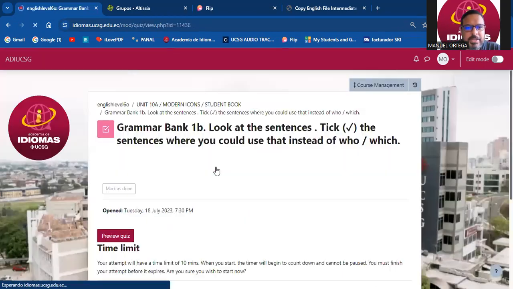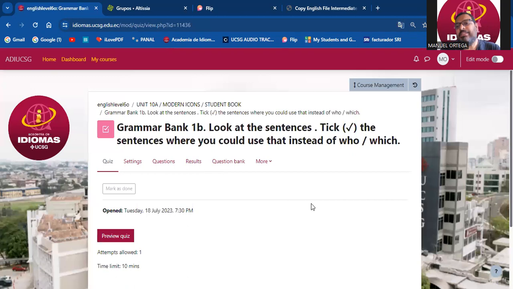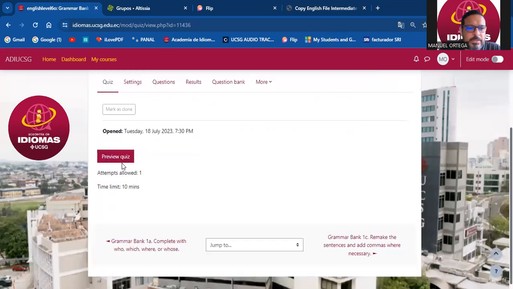So let's click on it and take a look. What is the instruction? Look at the sentences, tick, to put a check, right? Tick the sentences where you could use that instead of who or which. That you can use that instead of who or which.